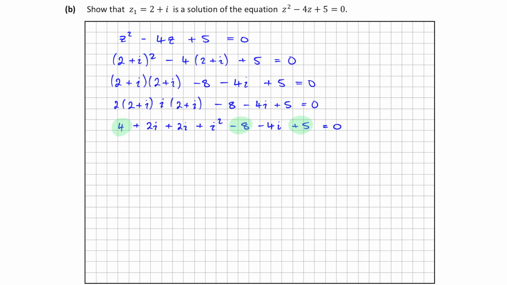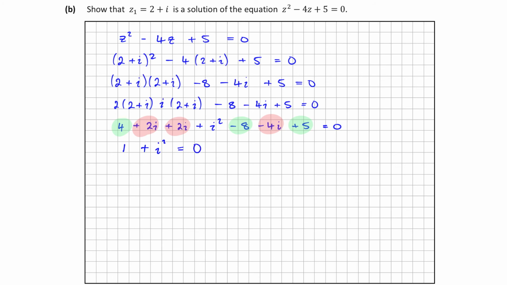Because 4 minus 8 gives us minus 4. Minus 4 plus 5 gives us a positive 1. Let's collect the i's. So 2i plus 2i gives us 4i. 4i take away 4i leaves us with nothing. So all we're left with there is our plus i squared equals 0.